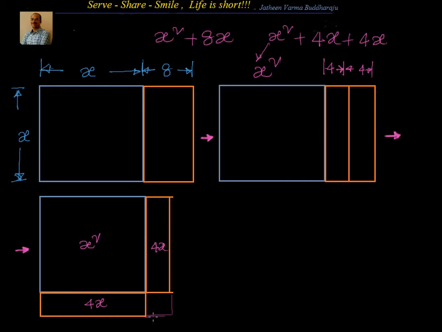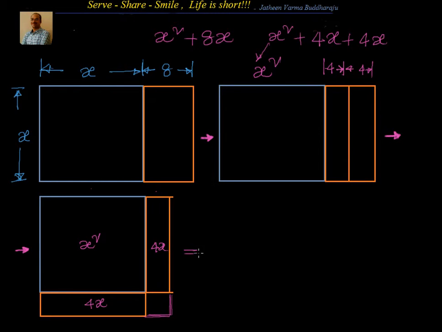If I get that particular piece, or I add that piece, which is nothing but the b square term, then it becomes a complete square, because you can see it's a square now, x plus 4 whole square, because this is x and this is 4.